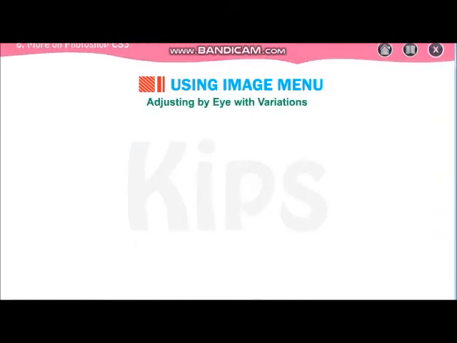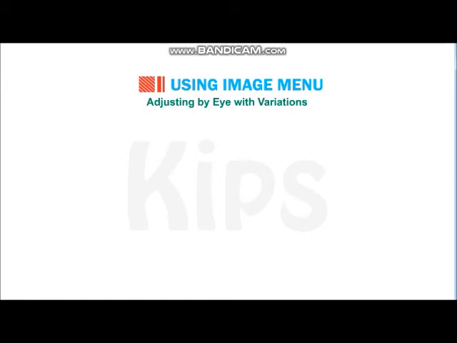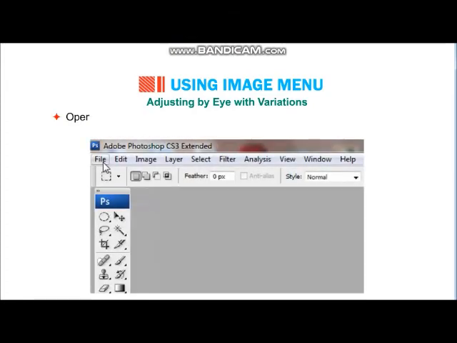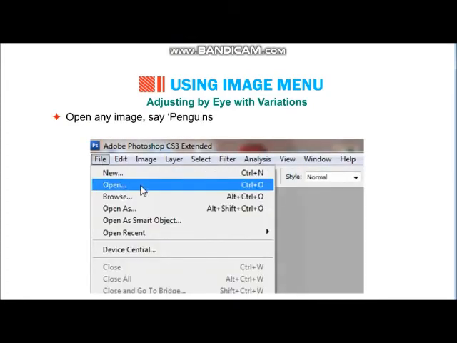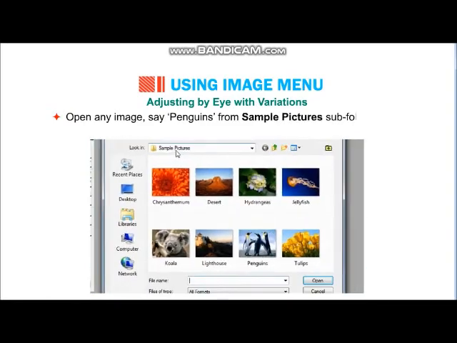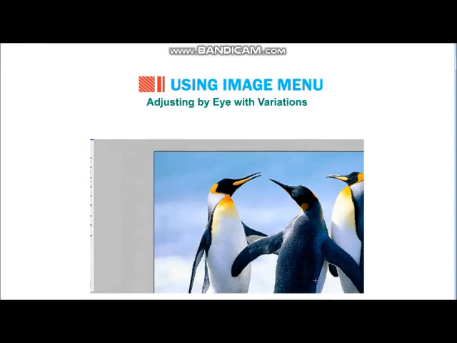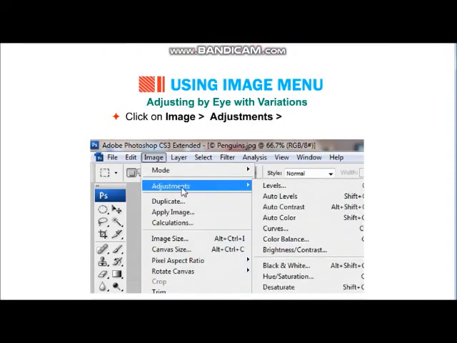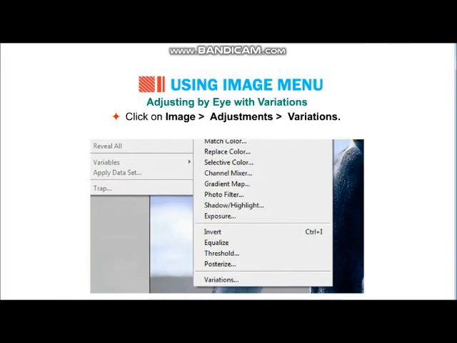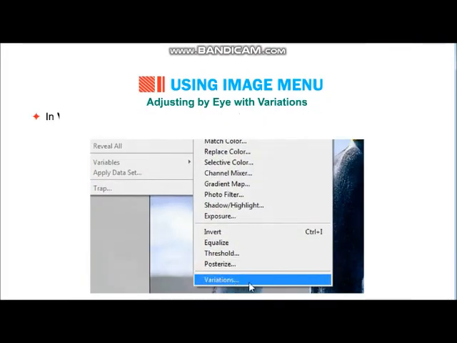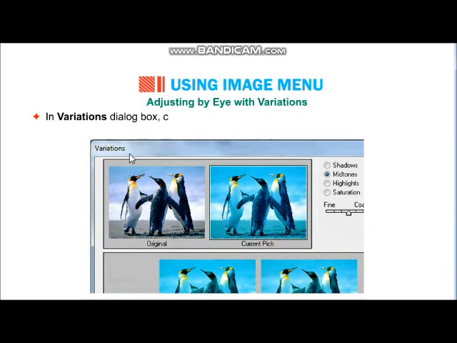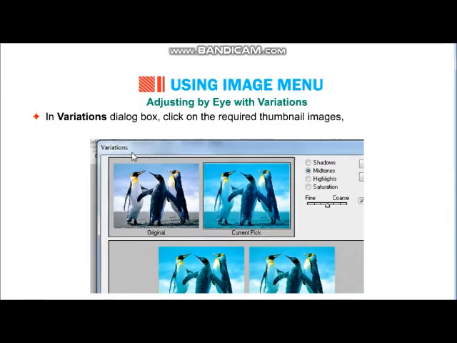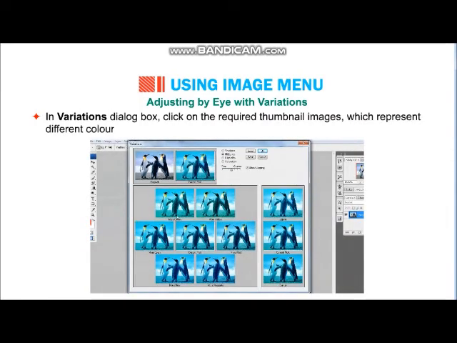Let us learn how to adjust by eye with Variations. Open any image, say penguins, from Sample Pictures subfolder under Pictures folder. Click on Image, then click on Adjustments, then click on Variations. In the Variations dialog box, click on the required thumbnail images, which represent different colors.